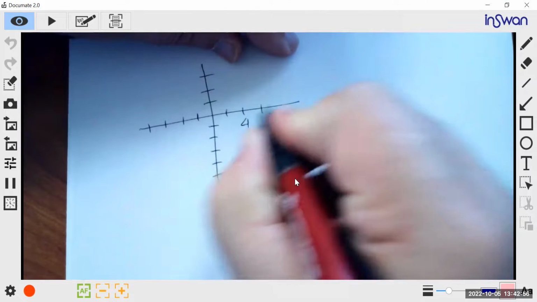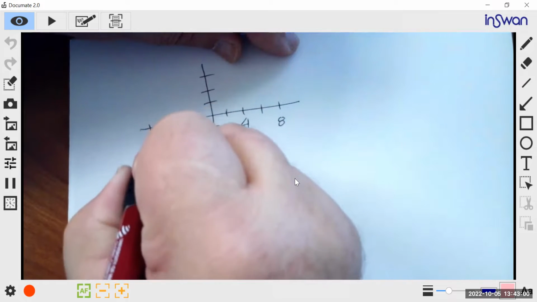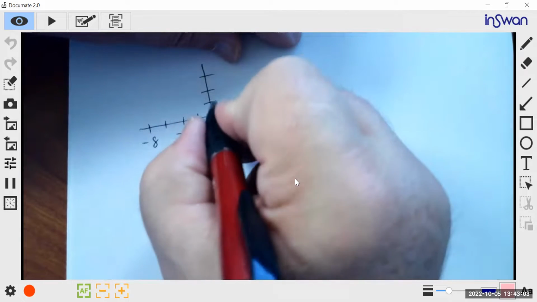So this is 4, 8, negative 4, negative 8.